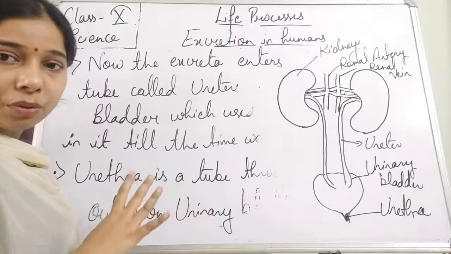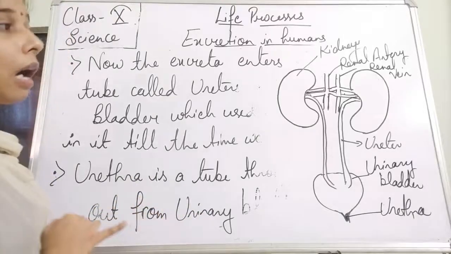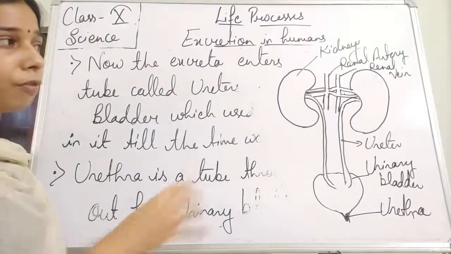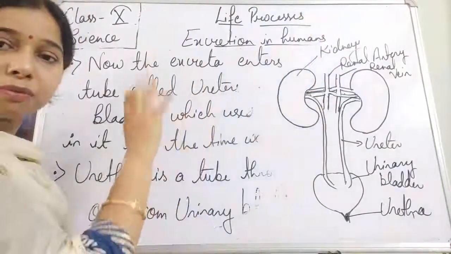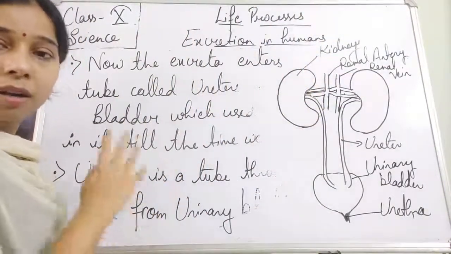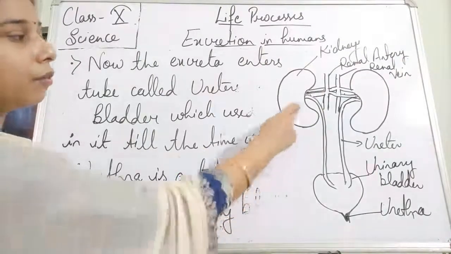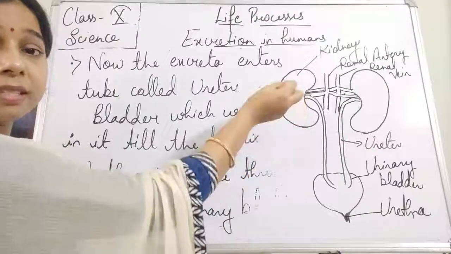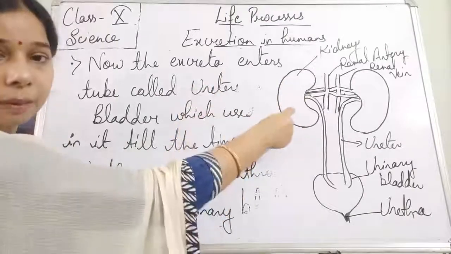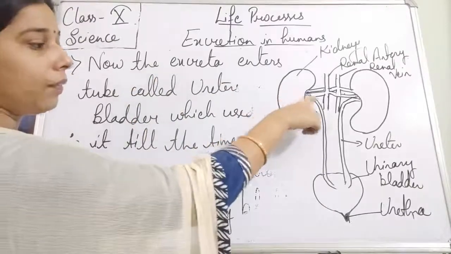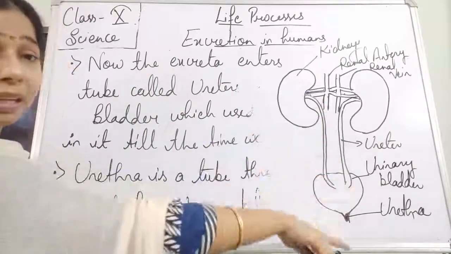Now the blood gets purified, students. Now this blood from the renal vein will enter into the heart. Here one more thing is there: the waste material which is extracted by the kidney will enter into the excretory tube.